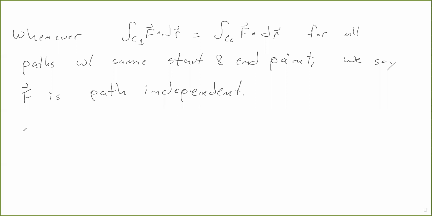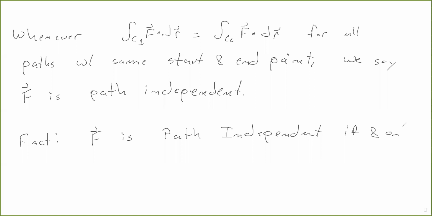Okay, and it is a fact that I won't prove, but it's in the book. There's a fact that says the following: F is path independent if and only if F is conservative.